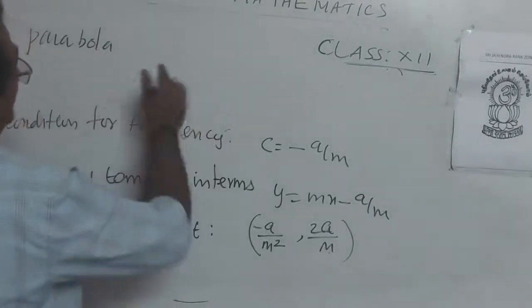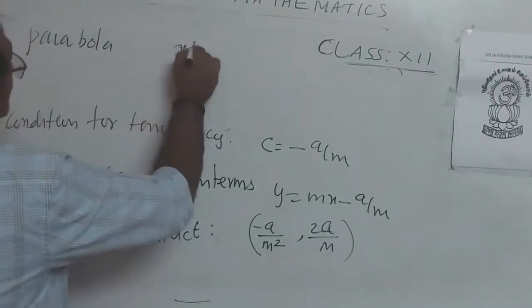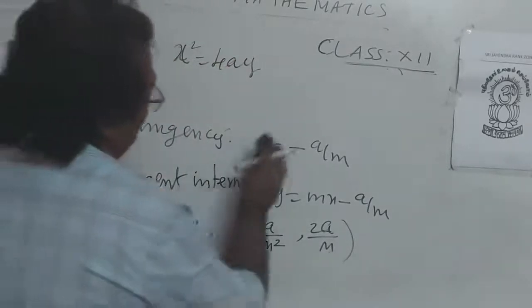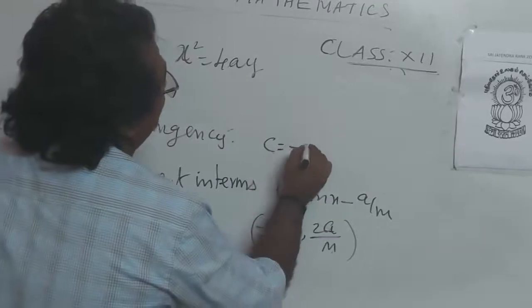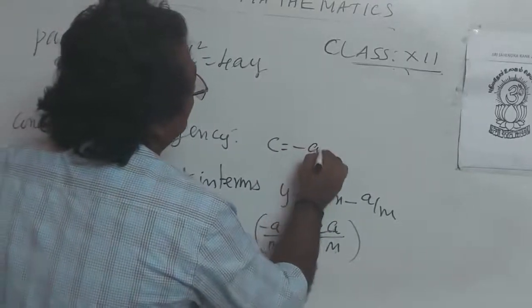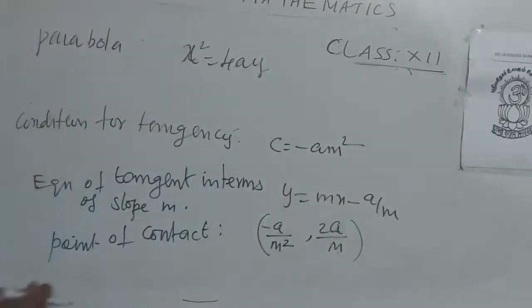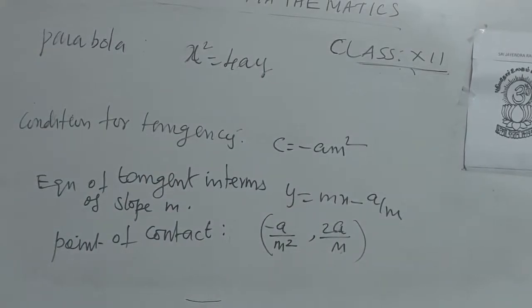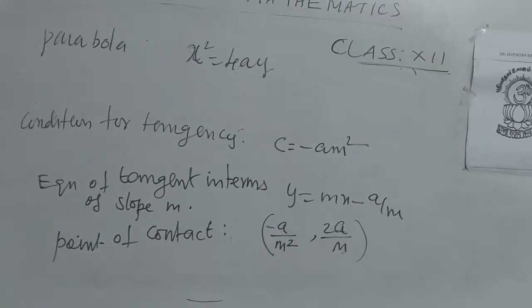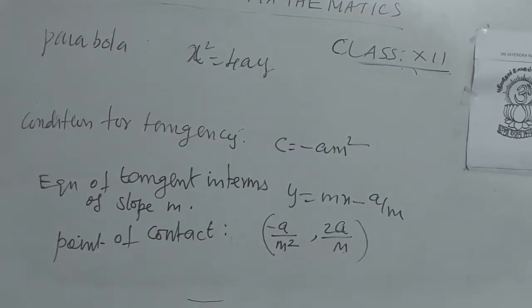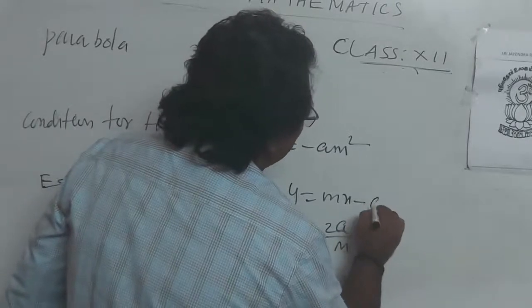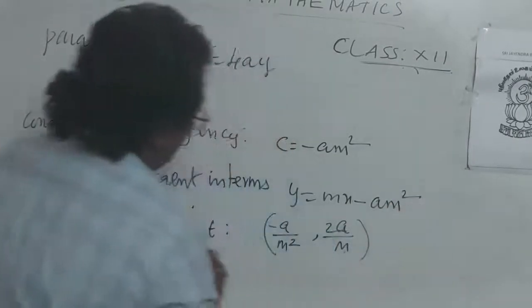Next, for x squared equal to 4ay, the condition is c equal to minus a m squared. Here the tangent is y equal to mx minus a m squared.